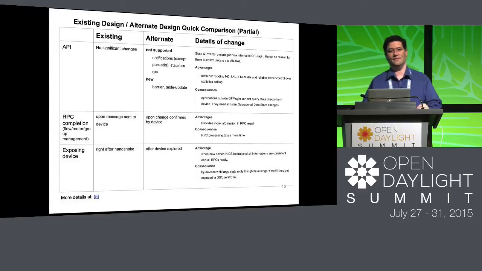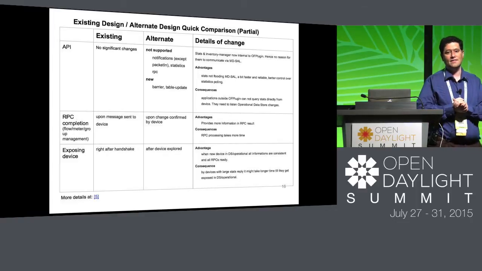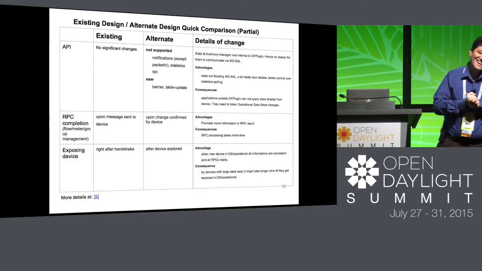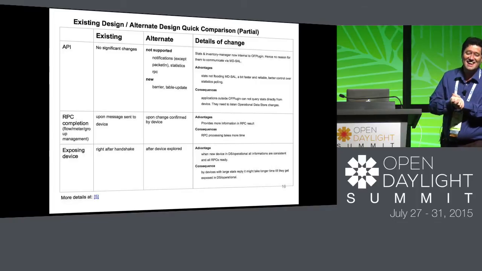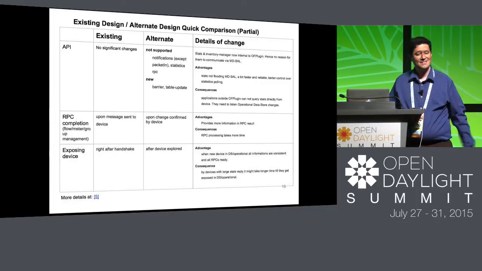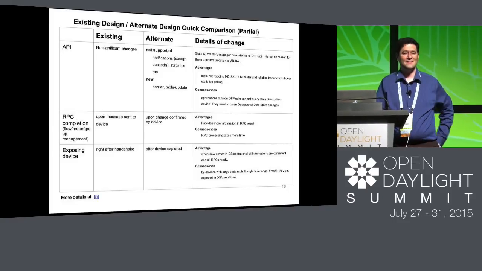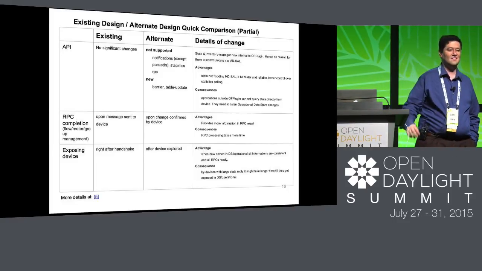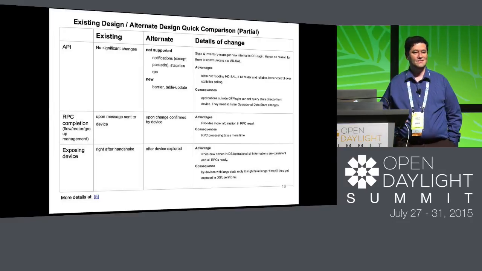What does it take for applications to migrate? It depends on what you are actually consuming from the OpenFlow plugin. If you are not consuming any direct APIs, that too very specific to, let's say, statistics manager or something, you should be good.